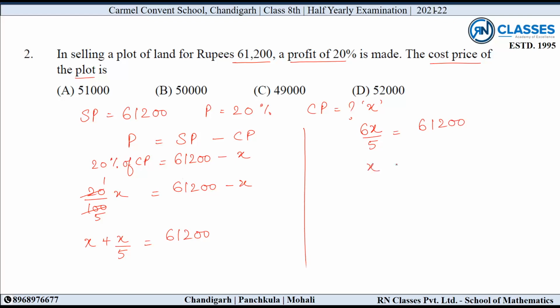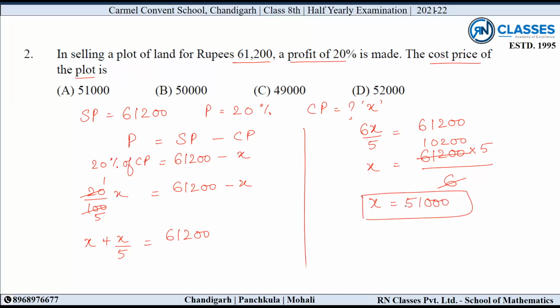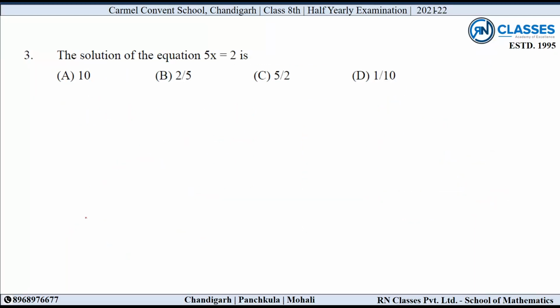So X is equal to 61,200 times 5 by 6, which comes out to be 51,000. X is 51,000, which means cost price is 51,000. So answer is A part. As simple as that. Move on to question number 3.